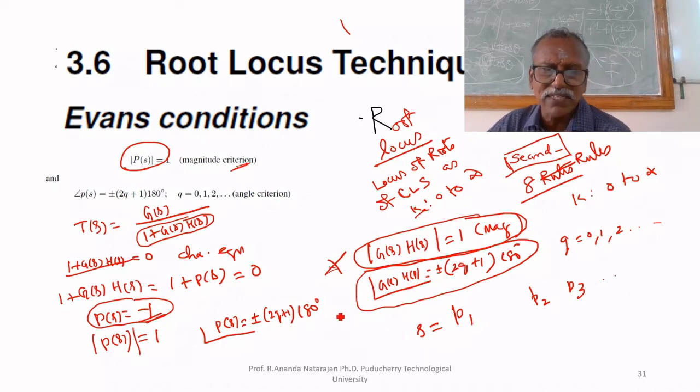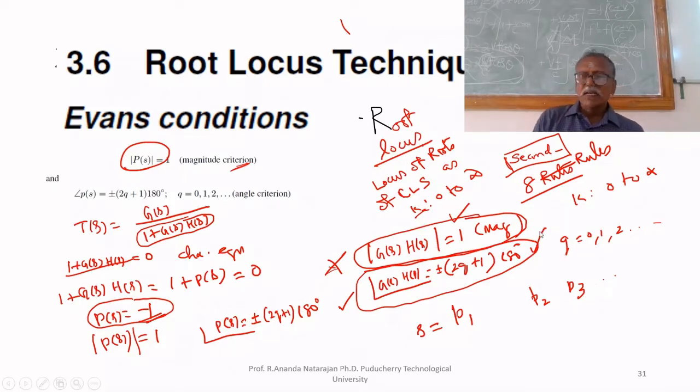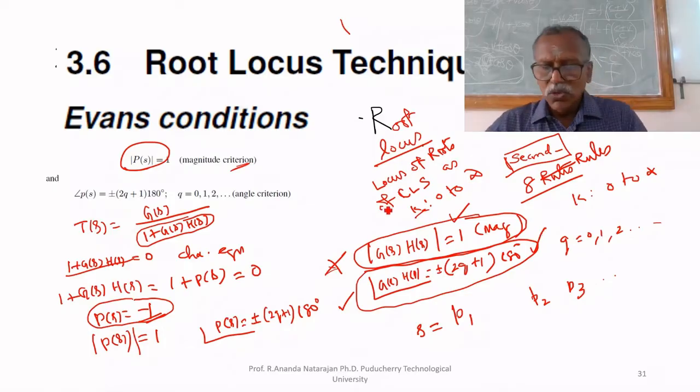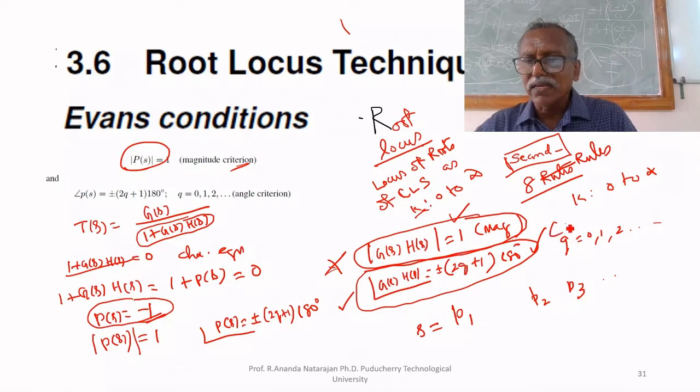If it satisfies the angle condition, the magnitude condition will automatically be satisfied, because k varies from 0 to infinity. So we have to draw the root locus for the second equation only. This second criterion is called the angle criterion.